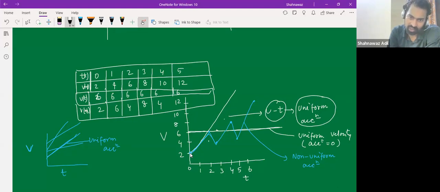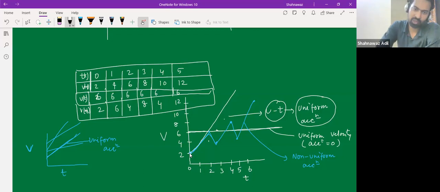The graph is starting from 0, right? At 0, you have 2 meter per second. So just change it to this. You just correct to this graph. Noted everybody. Amna, you also please correct, and Ilham you also correct.